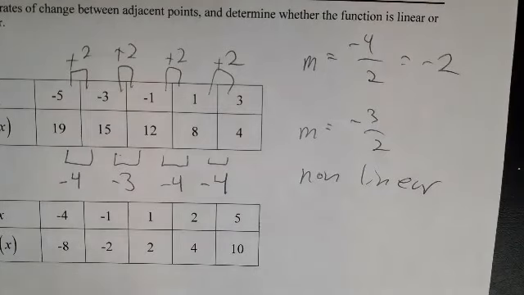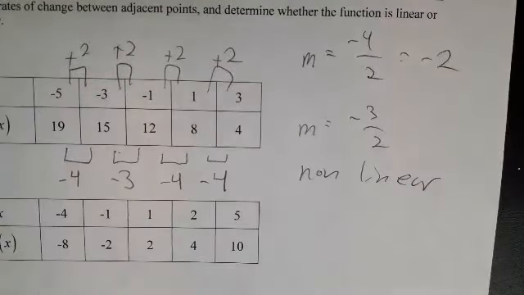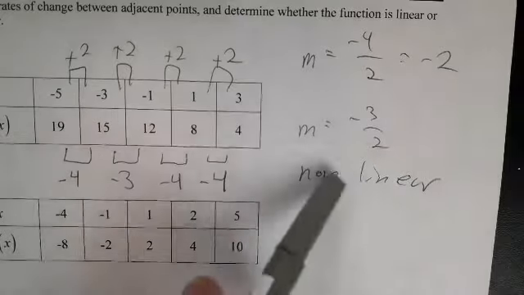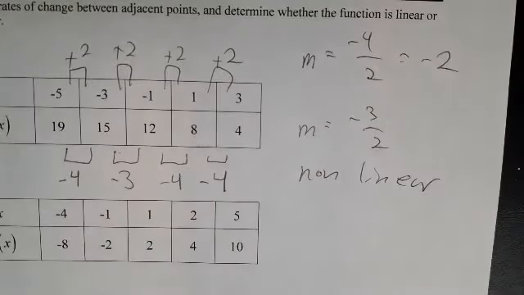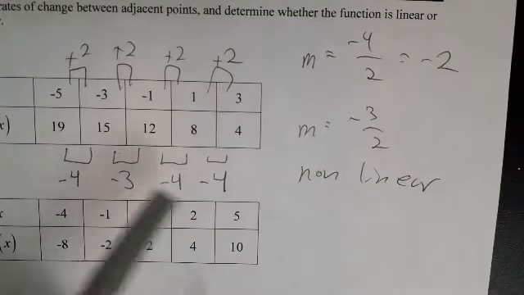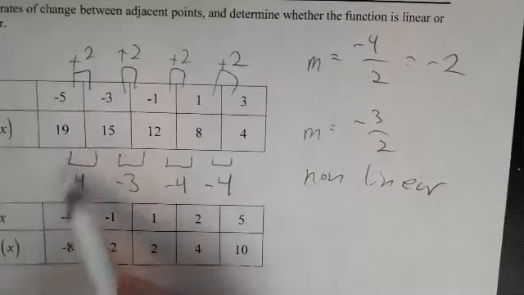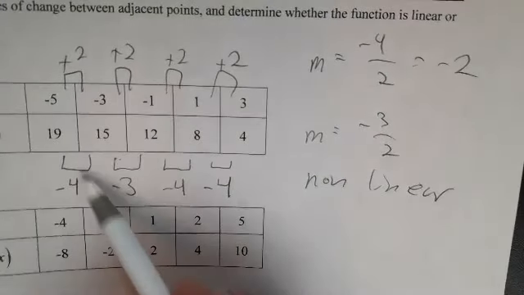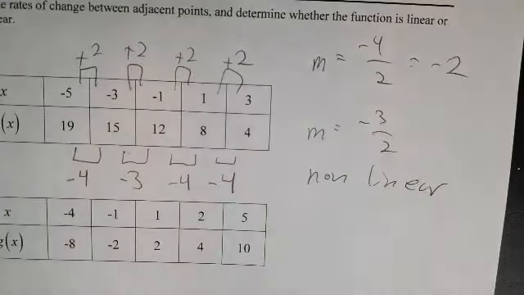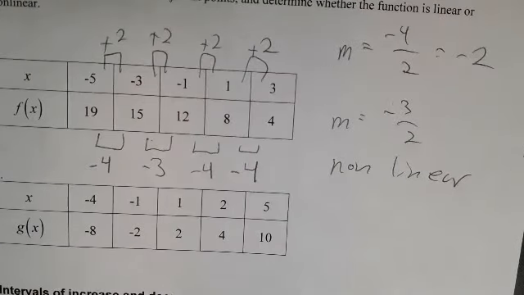I'm trying to see if it is linear. And it's not linear because these are not the same numbers. If all these were the same numbers, we would say linear. Since we're all going up by the same x amount and these are different, it's not linear, right?